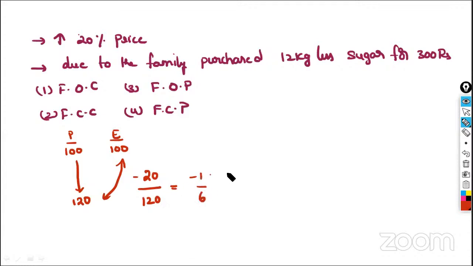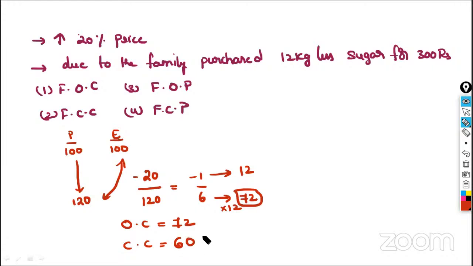It is given that one part is how much less here? 12 kg. Then 6 parts is how much? 72 kg, right? So here original consumption is how much? 72 kg. Current consumption, how much? After that, 12 less, how much am I getting? 60. Till now, we are finding by the same method. We cannot use any additional information, right?